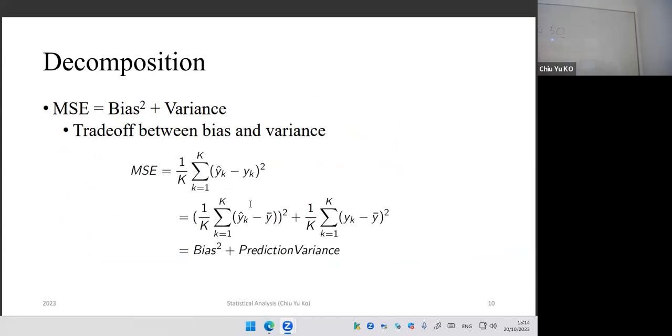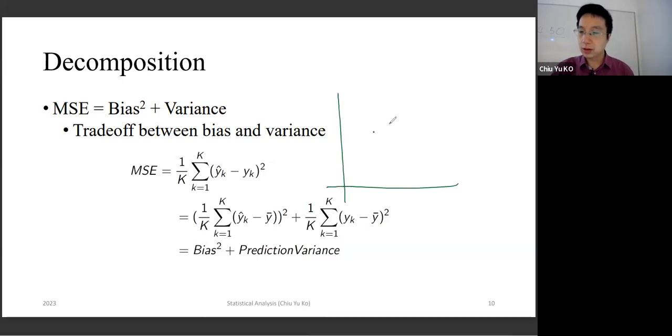The bias is how your prediction differs from the mean. You can look at the regression. Let's go back, it's easy. This is y bar, this is y hat, and the data here is yi.